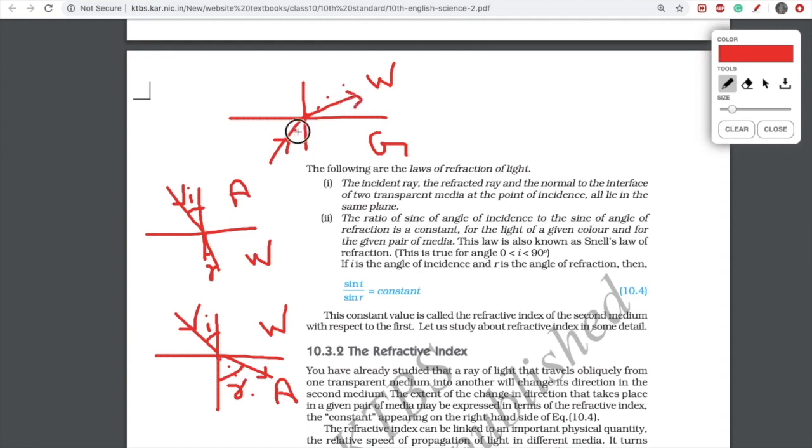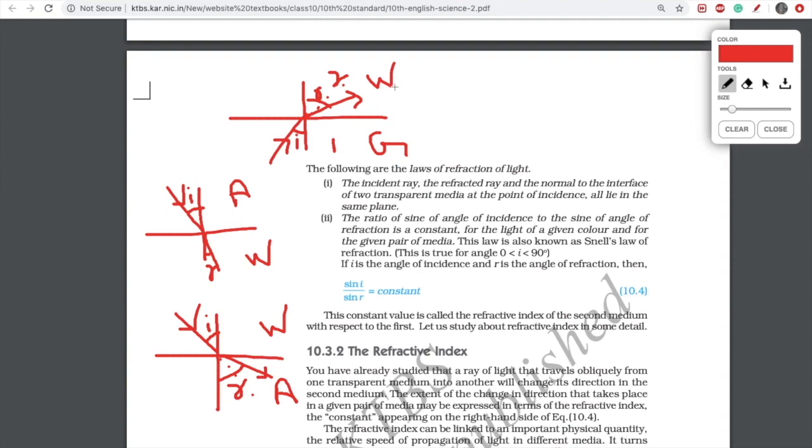What is the angle of incidence? This one. Wherever the angle of incidence is, that is medium 1. Wherever the angle of refraction is, that is medium 2. So here sin i by sin r is equal to what? It is equal to the refractive index of medium 2 with respect to medium 1.